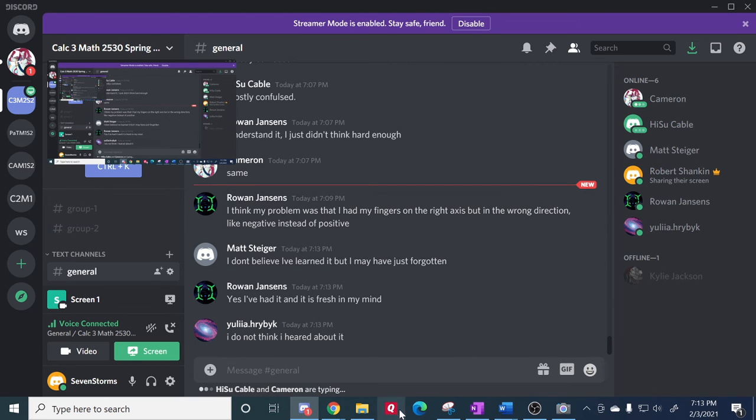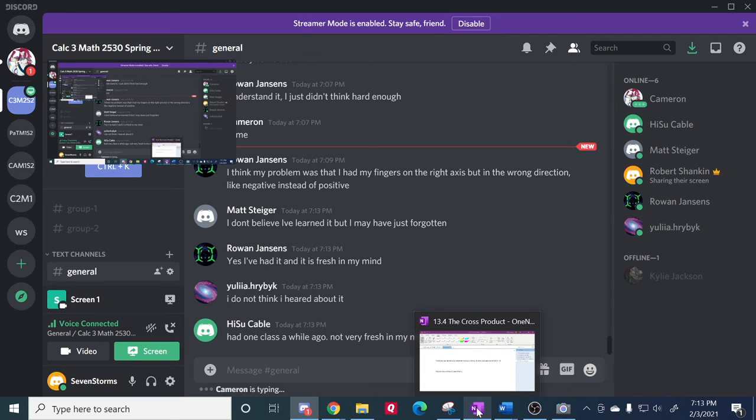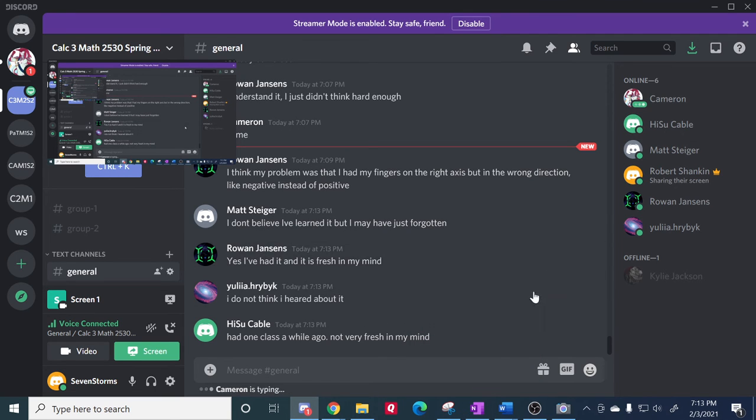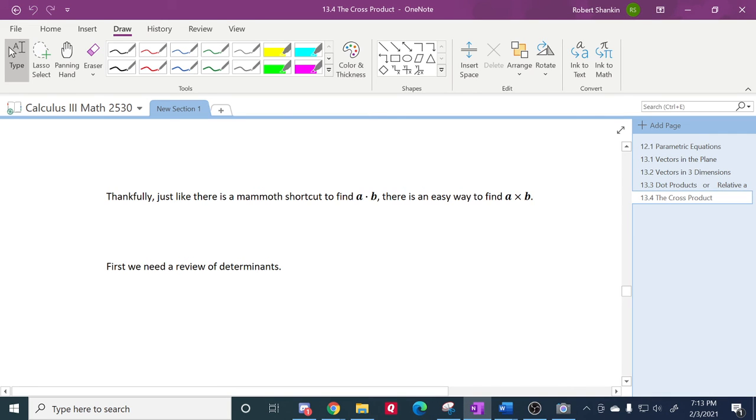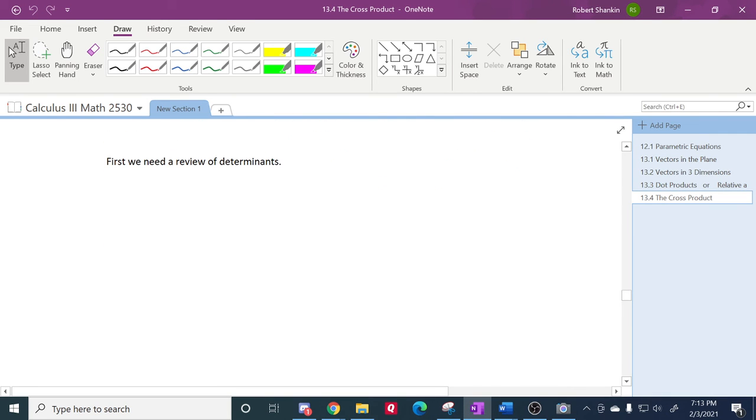Okay, so we're going to start at ground zero on determinants. When you have a matrix, like the matrix A, we put brackets around it.